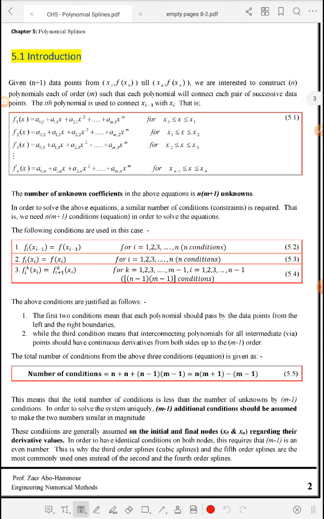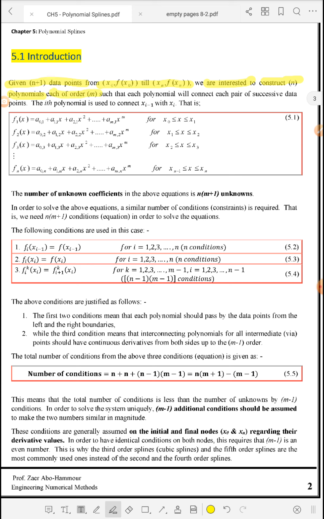Here we will consider that we still have n plus 1 data points, ranging from x naught, f of x naught till xn, f of xn. What we are interested in is constructing n polynomials, and each polynomial should be of a certain order, degree m.